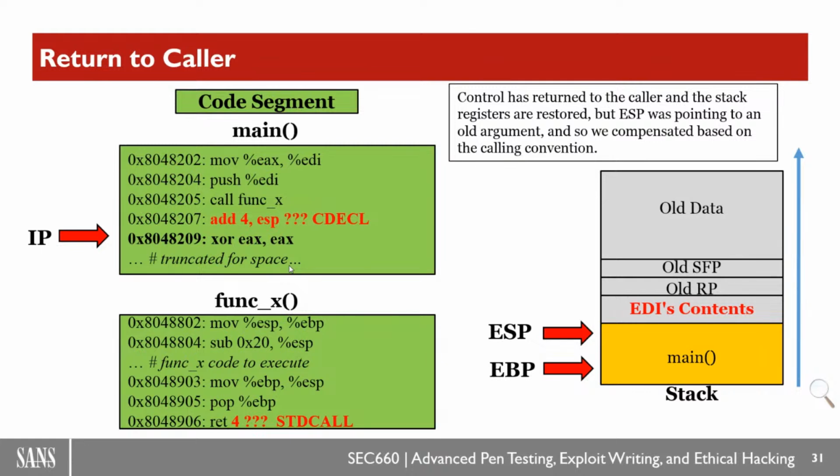If we say ret and then a value, that means we're telling the stack pointer how many additional bytes to advance. If we say ret4, we're advancing over the old argument. The other way to do it would be to return back to the caller, and the first instruction when we return back would be to add the number of bytes in relation to the arguments pushed so that we advance the stack pointer that way.